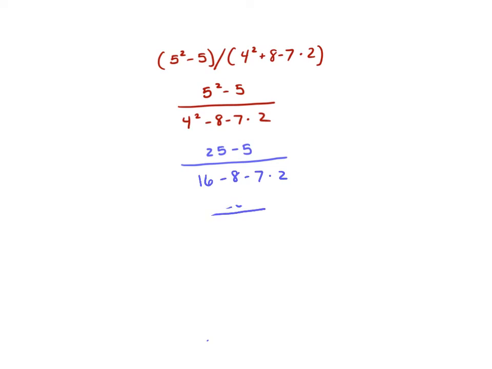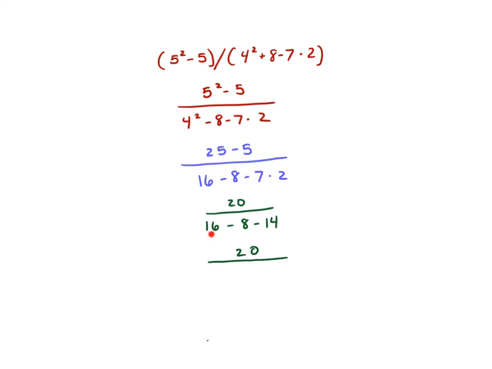I'm going to switch colors here so you can see it a little bit better. 25 minus 5 is 20. In the denominator, I'm going to take care of this multiplication first. So I've got 16 minus 8 minus 7 times 2. I can't do any division yet. I just work left to right in the denominator.